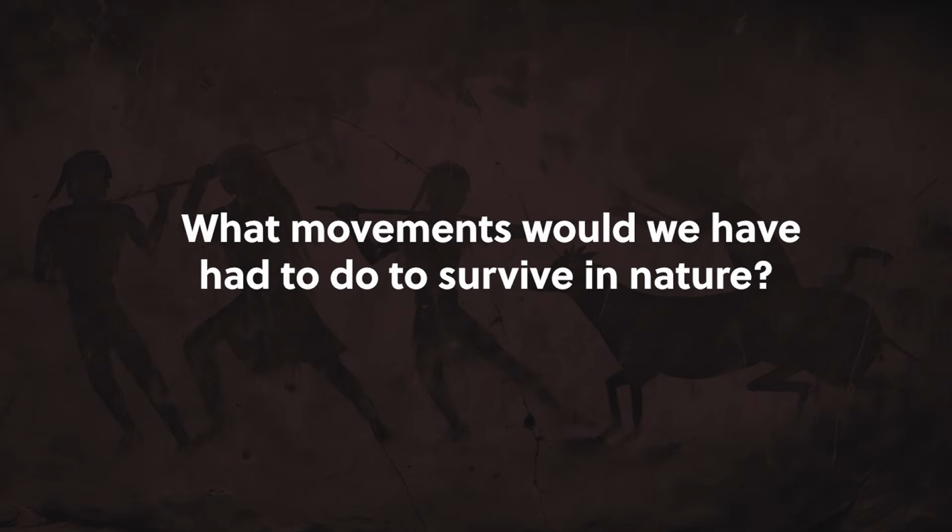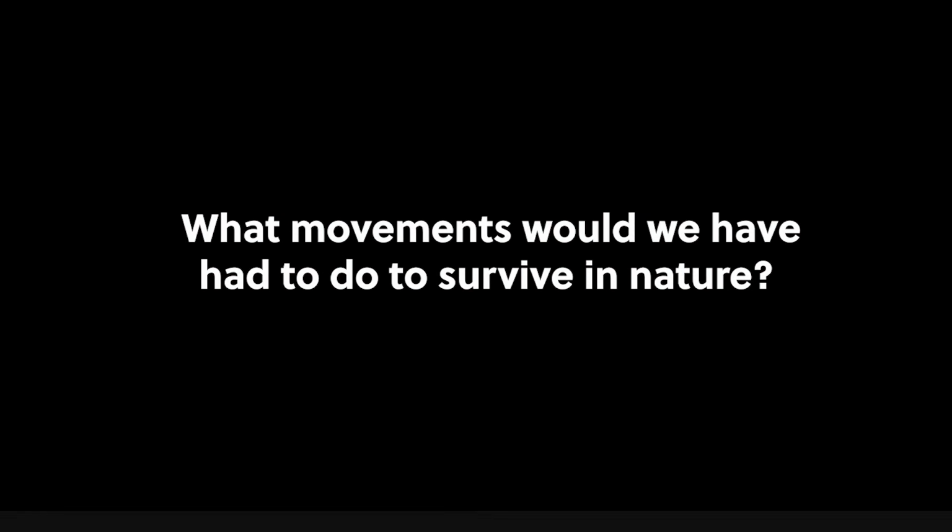And so I had studied a number of different fields and had identified a concept called the selective pressures of nature. And so the big question I had in my mind: what movements would we have had to do to survive in nature? In other words, if there was a movement we couldn't do and it would threaten our survivability, what were those movements?